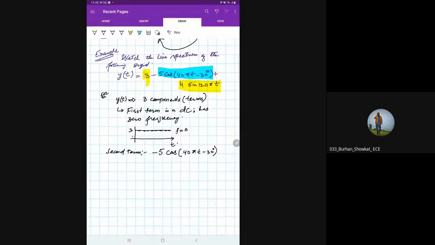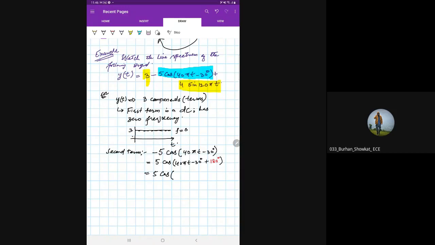We can also write it down like this. Now see, if we convert this negative sign in the amplitude, we absorb it in the phase, then we will write 5 times cos of 40 pi t minus 30 degrees plus 180 degrees. We are absorbing the minus sign into the phase.